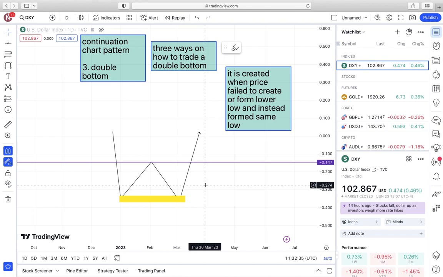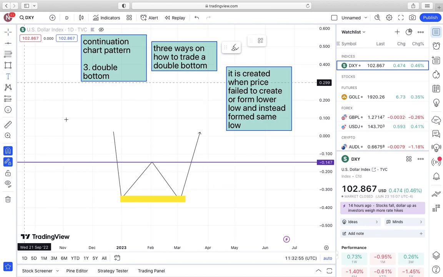For a possible double bottom, you will see that the next formation of the support zone is created higher than the last point, or lower than the last point. That one is called a possible double bottom because we'll be seeing those ones.